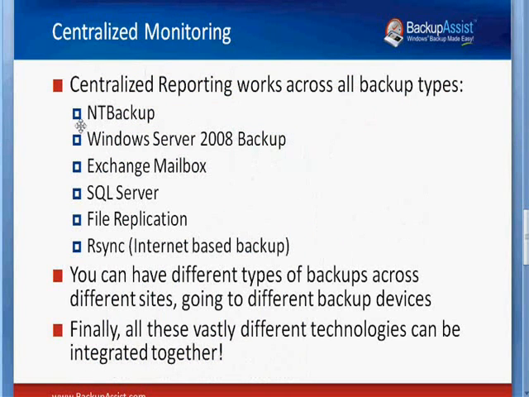Now, the thing to note is that centralized monitoring works across all different types of backups in BackupAssist. So you can be using imaging or NT backup, you can be doing Exchange mailbox backups or rsync. The important thing is that you've got access to the results of all of these backups in one location, fully integrated.